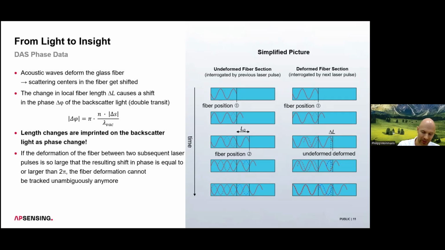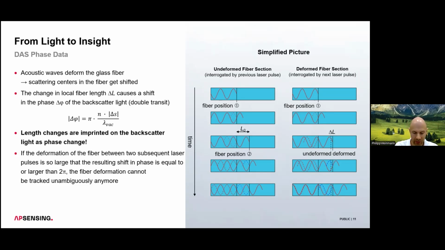In the next step, the incoming laser pulse moves further to the right side and now hits fiber position 2, which is a bit deformed, so which is a bit stretched to the right side. This is indicated by the vertical dashed line and by the vertical solid line. The vertical dashed line shows the position of the undeformed fiber, and the vertical solid line shows the new position of fiber position 2 due to the external deformation.